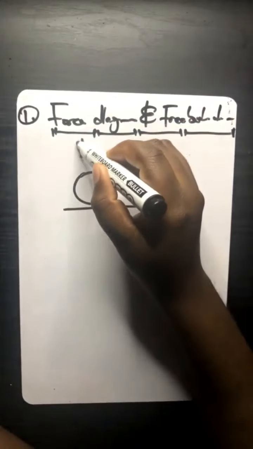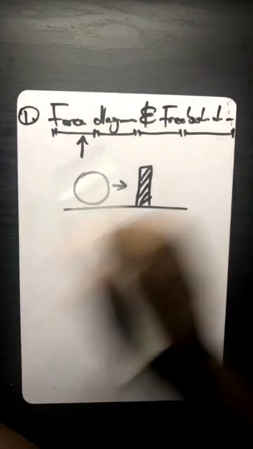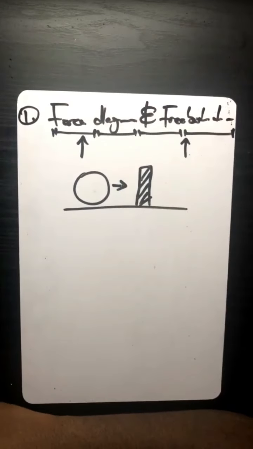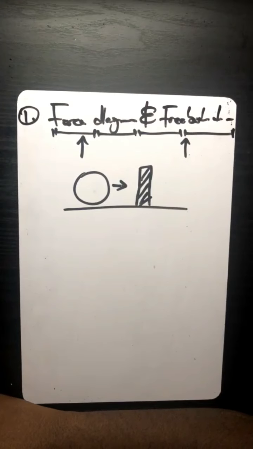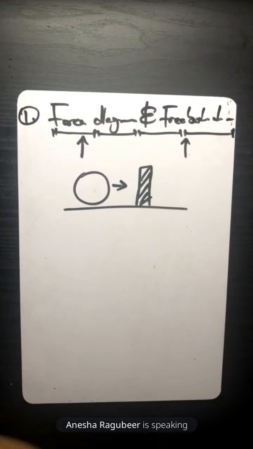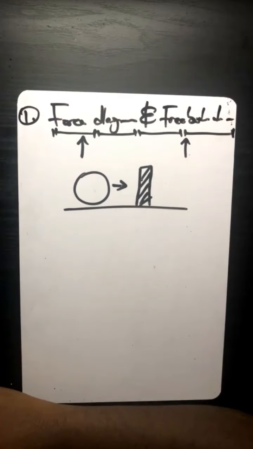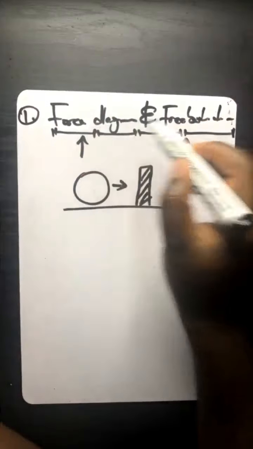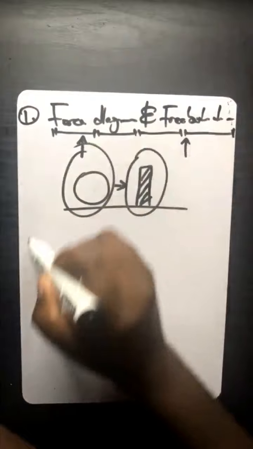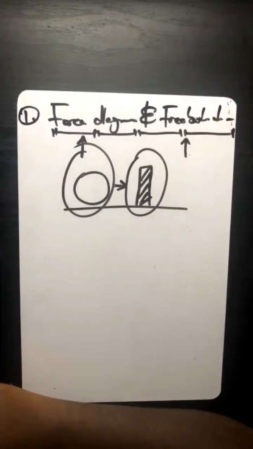In both force and free body diagram, ladies and gentlemen, we consider forces acting on one object. Does it make sense, guys? So that means if we draw a force diagram or free body diagram, we draw it for that object or for that object, and not for both at once.